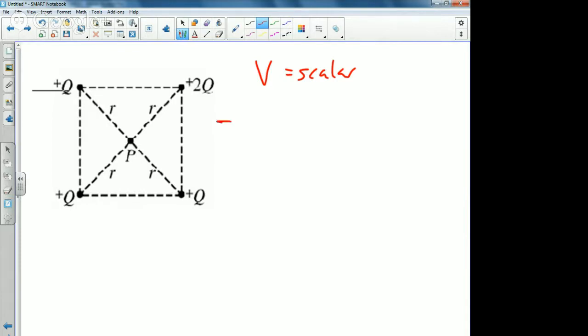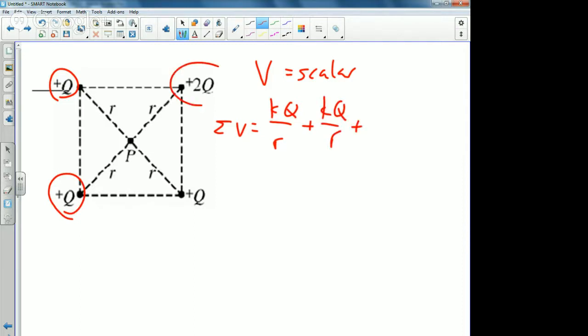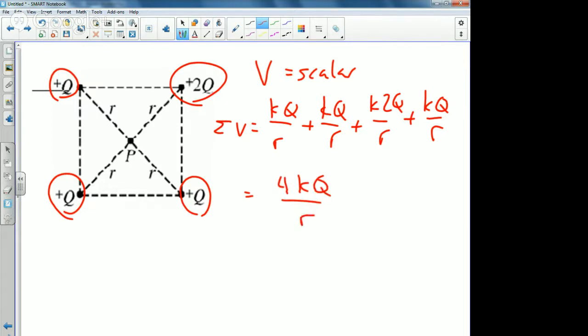So in terms of sigma V, it just ends up being, for the first one, KQ over R plus KQ over R plus 2KQ over R plus KQ over R. So really 1 plus 1 plus 2 plus 1 is equal to 5KQ over R, I meant, sorry.